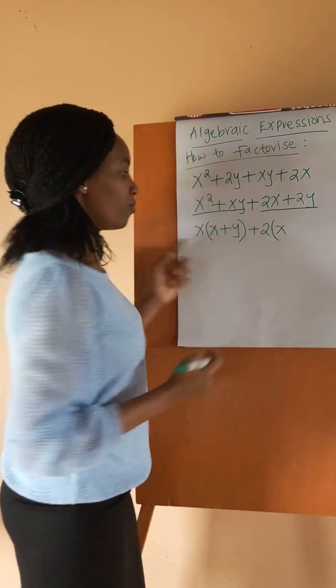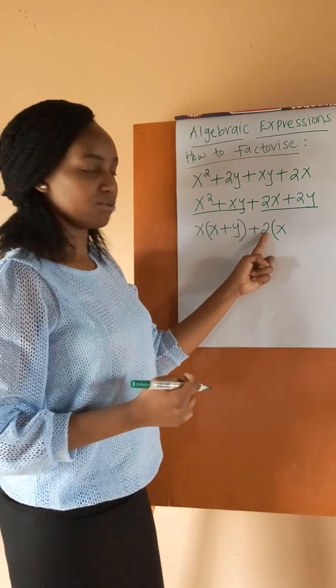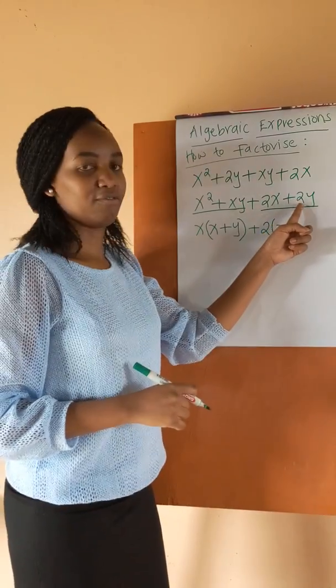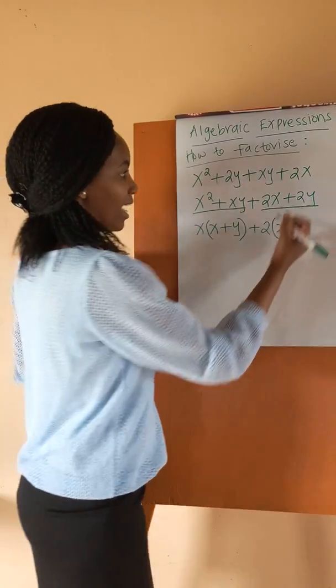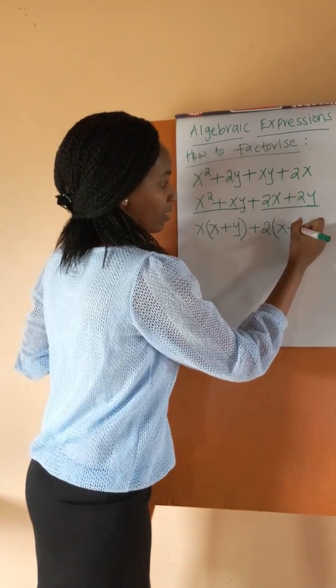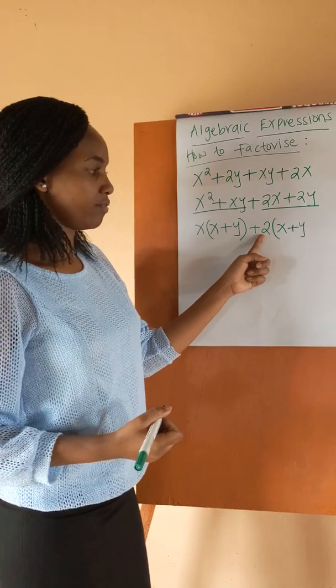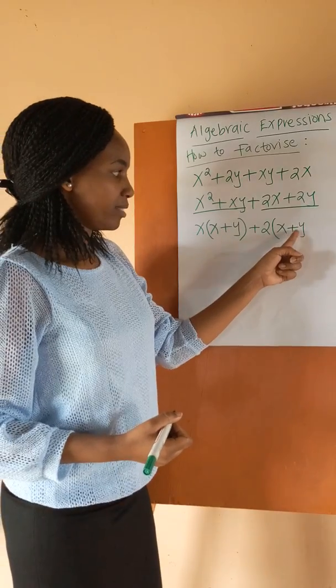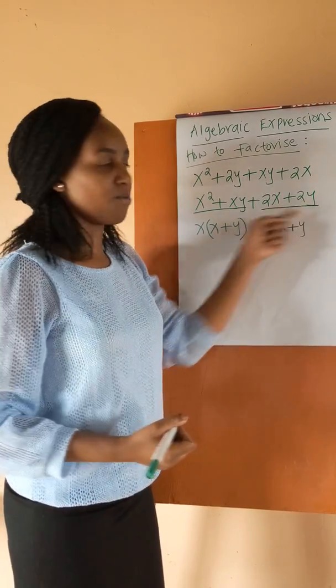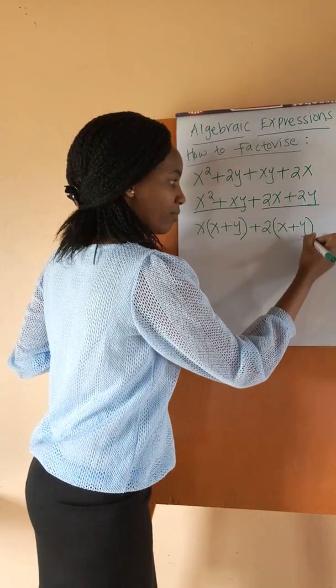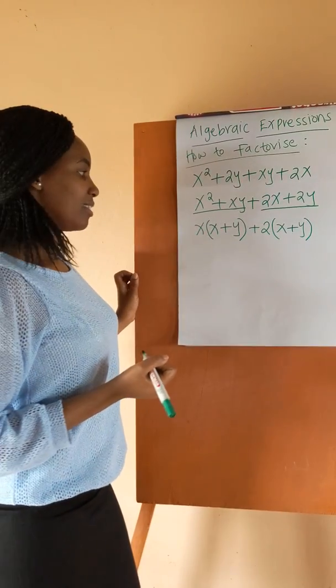Then lastly, what must be done to positive 2 to make it positive 2y? Again, if you multiply with positive y, you will have positive 2 times positive y is positive 2y. So we are done, and then we close the bracket.